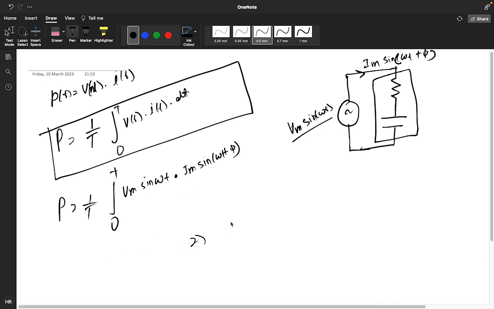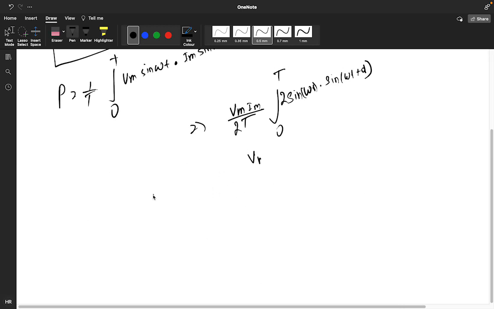If you solve this, what you will get? Vm into Im by T, 0 to T, and I am taking 2 up and 2 down, with 2 sine omega t into sine omega t plus phi. What is the formula for 2 sine A sine B?